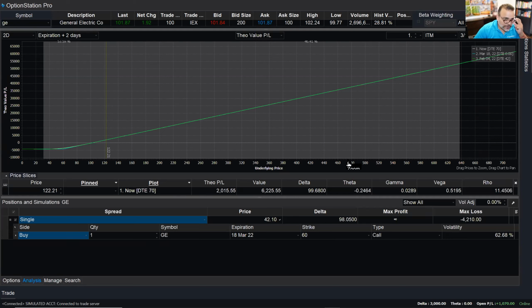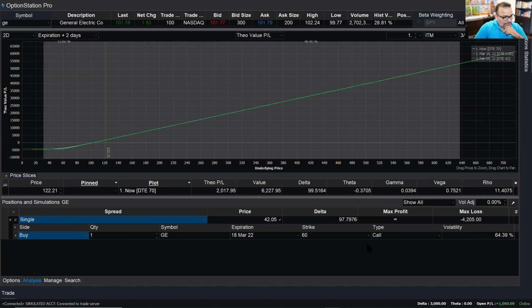This is March 18th, 2022, because what I'm looking at here is this shade of gray. So you guys know exactly what I'm looking at. I'm looking at the shade of gray right behind the graph. And what I'm trying to understand is probability of price movement, because maybe it's got to do with the fact that this is a call with a strike of $60 when the underlying is trading at 101.